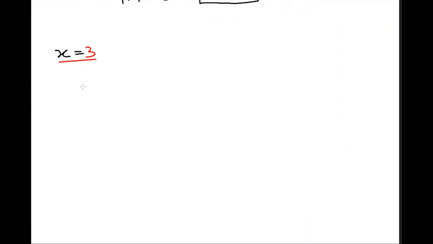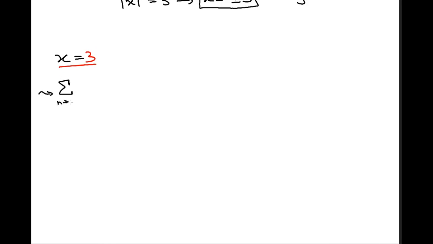So we'll have the infinite sum from 0 to infinity of negative 1 to the n plus 1 times not just x, but we're going to have 3 to the n plus 1 over 3 to the n times n.